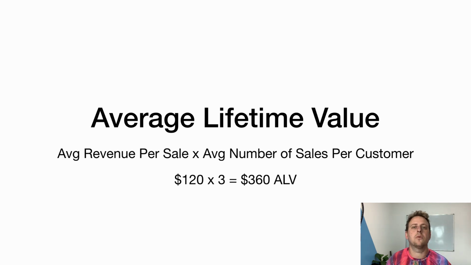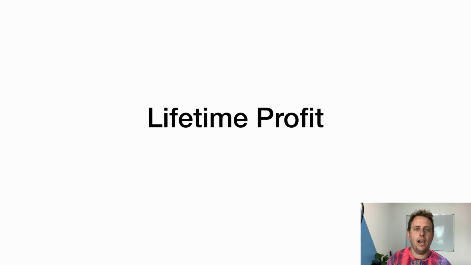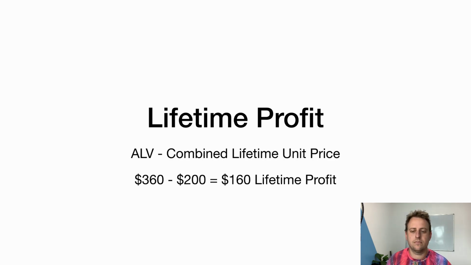From there, the next question is, what is the lifetime profit off that $360? To do that, you take the average lifetime value you just worked out, $360, and subtract from it the combined lifetime unit price, going back to our unit price right at the start. So let's say it was $200 to produce that $360 off 3 sales, then your lifetime profit off that customer is $160.